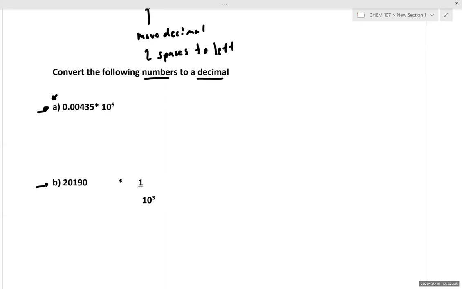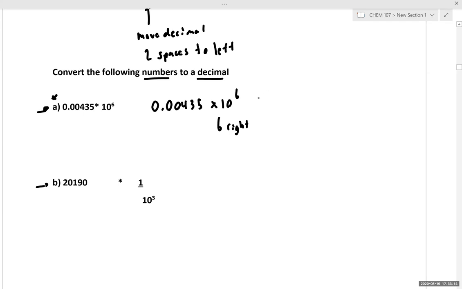So let's look at this first example, and I'm going to show you two methods. The first is the method that we've seen very commonly. A second method is known as the addition method. First and foremost, we have 0.00435 times 10 to the 6th. This 10 to the 6th is telling us that we move our decimal 6 spaces to the right.